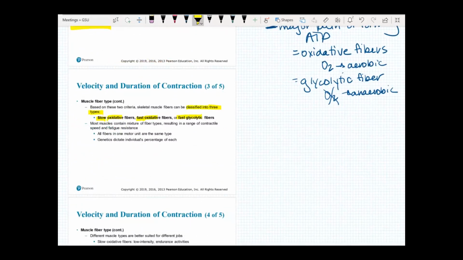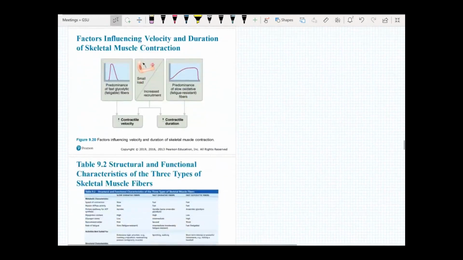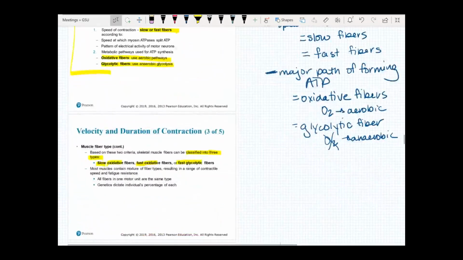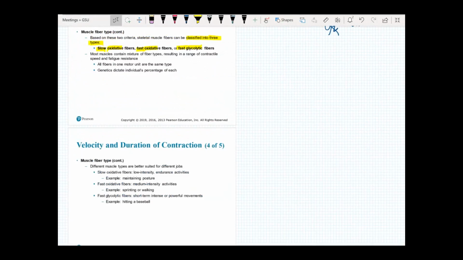And they will determine the velocity and duration of your fibers. So we're going to go through these one by one kind of quickly. We have slow oxidative, fast oxidative, and fast glycolytic. So our three types.